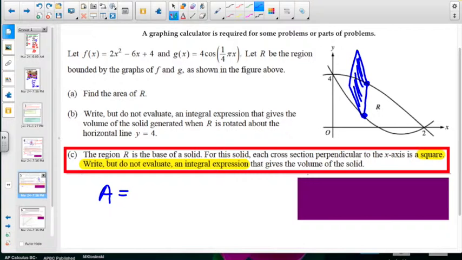And so we're going to have to take that length, I'll call it S, and square it. Well, we know that length is going to start at 0 and then have some value and end at 0. And that value is going to be dependent upon where this curve is and where that curve is. So again, how do we find the distance between 2 points? By subtraction, right? And we're going to have to subtract equations.